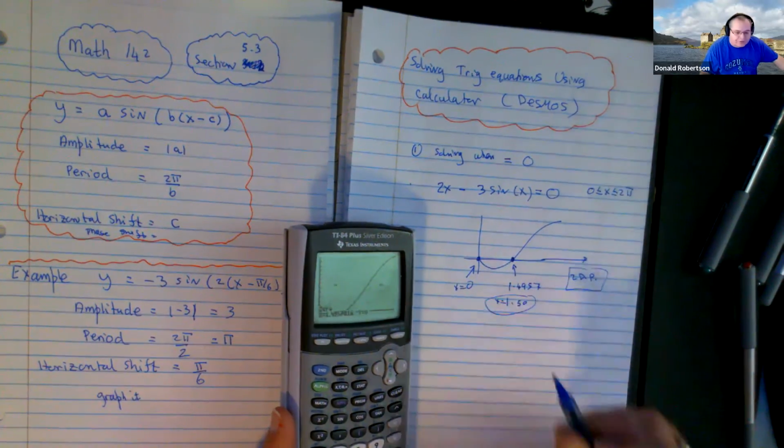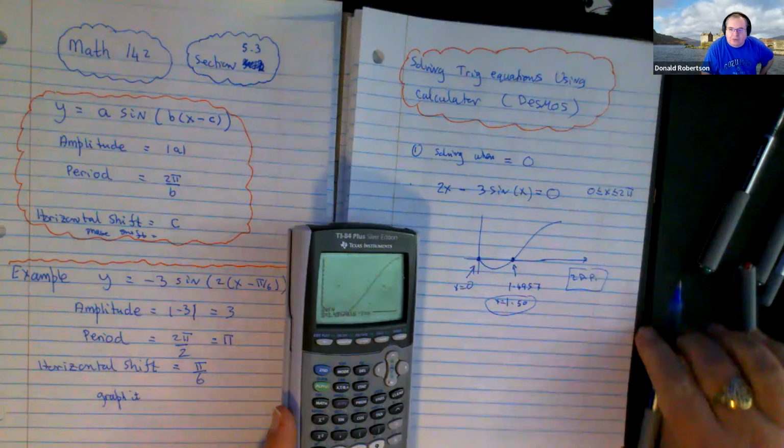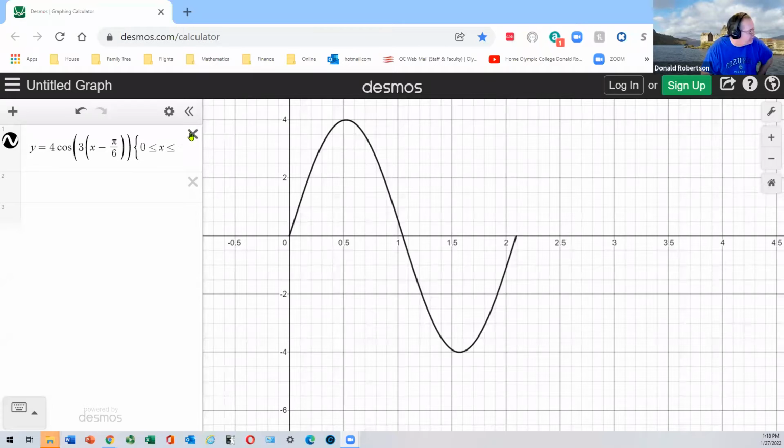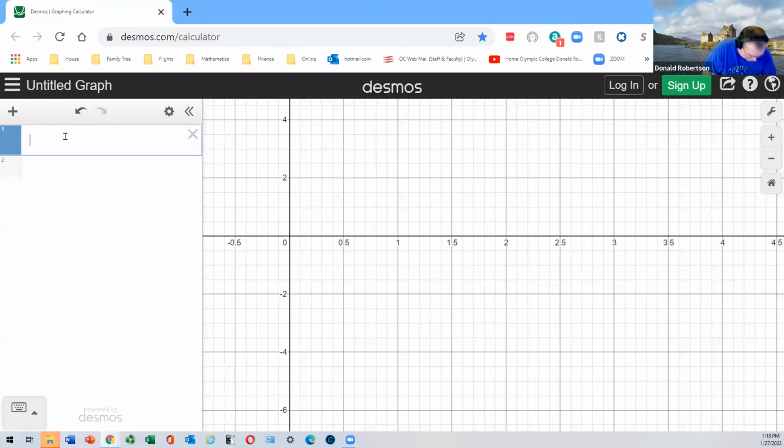Now I'd like to solve this equation using Desmos, which is my preferred method. So I'm going to set this guy up. Once I find Desmos, gotcha. And it's pretty much the same thing that I did. It's just a lot easier to do, in my opinion. So I'm just going to type in y equals 2x, take away 3 times sine x.